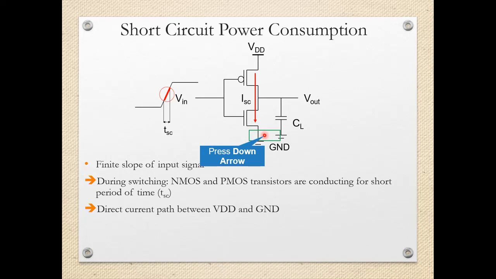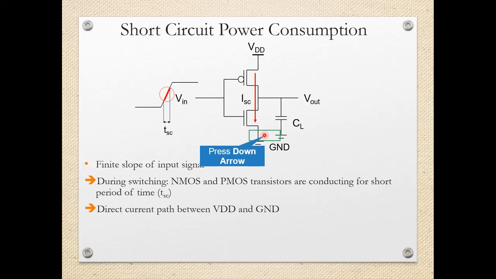So for this small duration, both transistors will be in the on condition. And if the P MOSFET is on and the N MOSFET is also on, there will be a short circuit across VDD and ground, and a direct current path will be available. Current will flow from VDD through the P MOSFET, the N MOSFET and to ground.